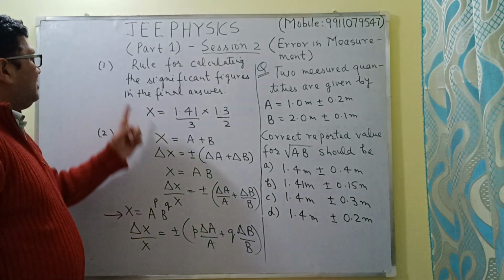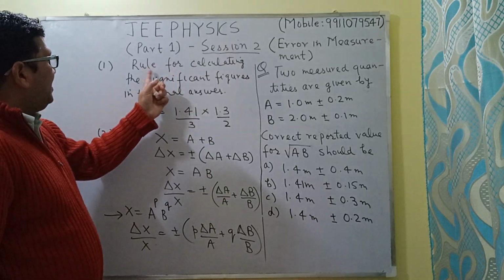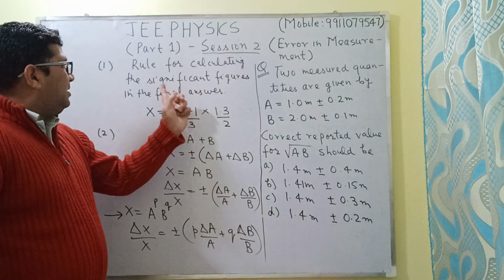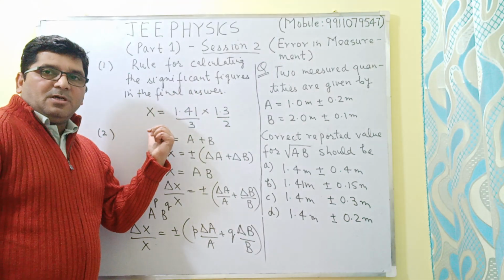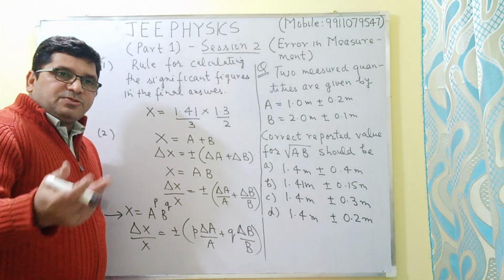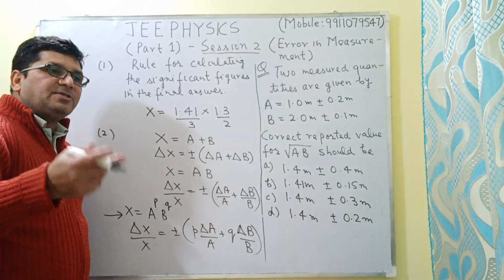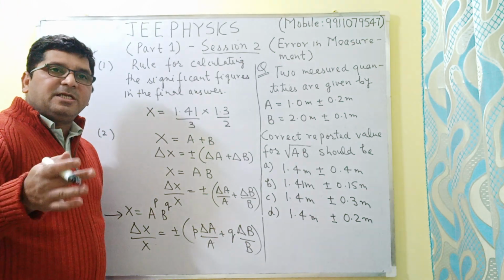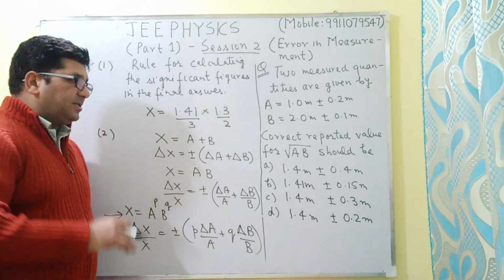So here we will be utilizing this last formula for solving this question. And the second rule which we will be using is that the final answer should retain that many significant figures as there are in the number containing the least significant figures.